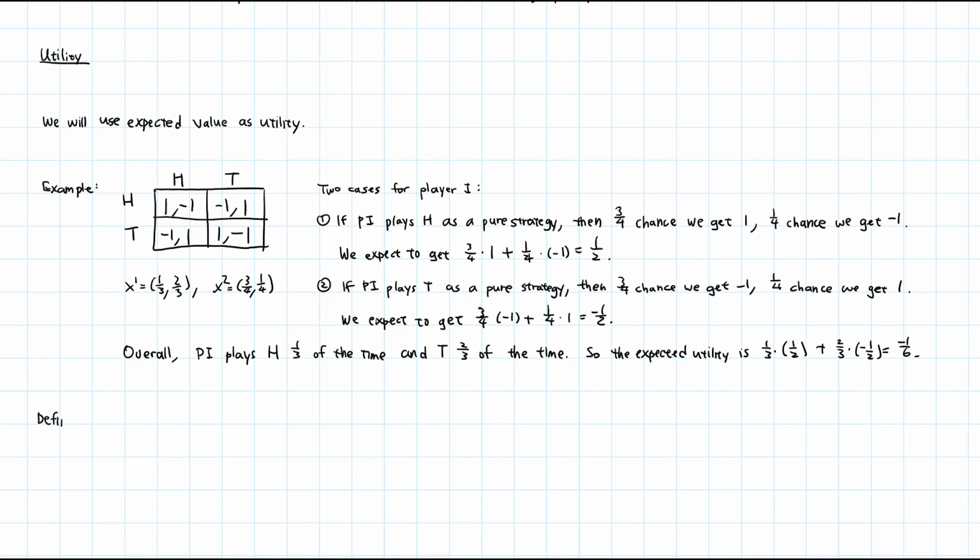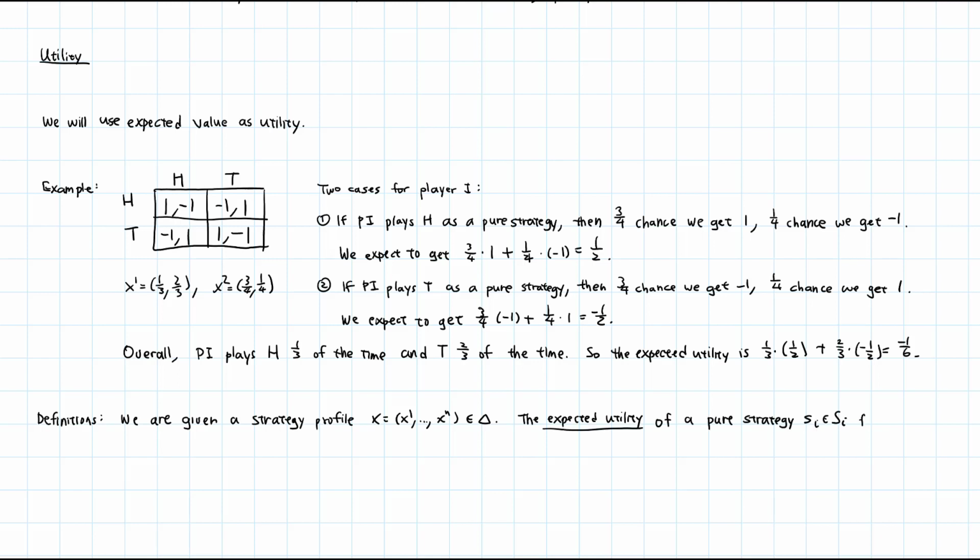We now write down the definition of the utility. We are given a strategy profile x in Δ. The expected utility of a pure strategy s_i for player i is u_i(s_i, x_{-i}), which is the sum over all strategy profiles of the other players, this expression here.